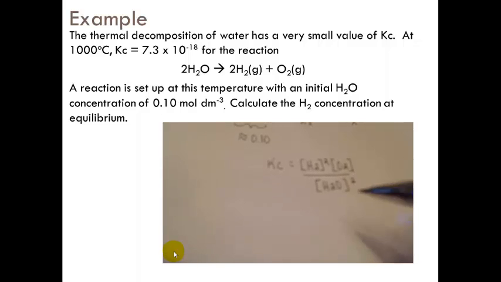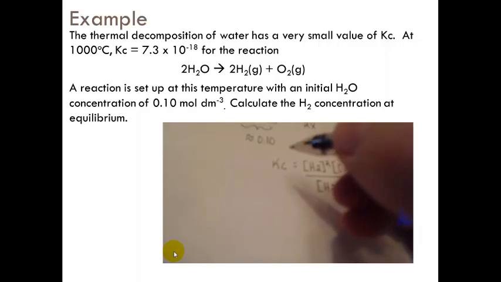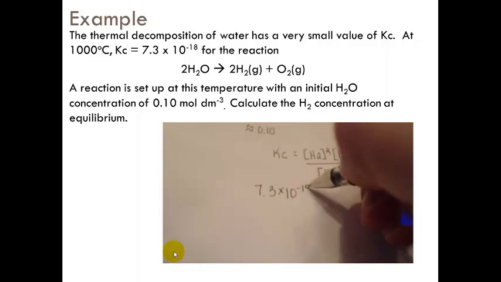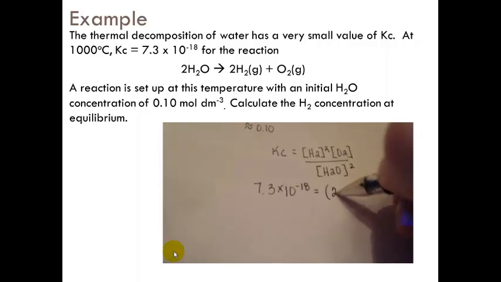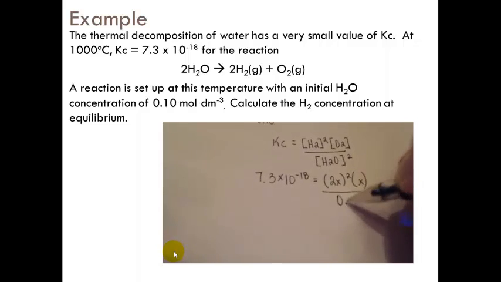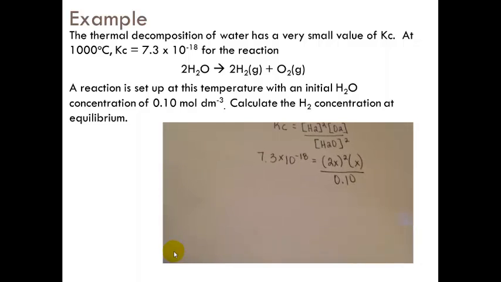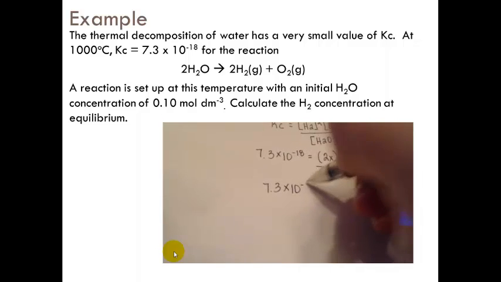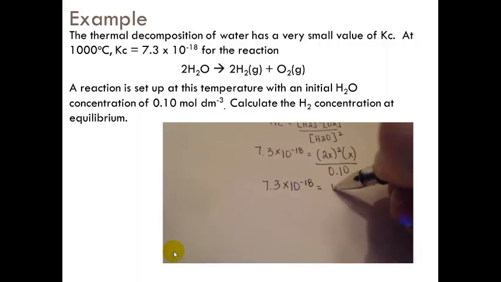And then we plug in. So Kc is 7.3 times 10 to the negative 18th. H2 is 2x squared, O2 is x, and H2O is 0.10. We ignore the minus x part. Because we can ignore the minus x part, that makes it much easier to solve for x.